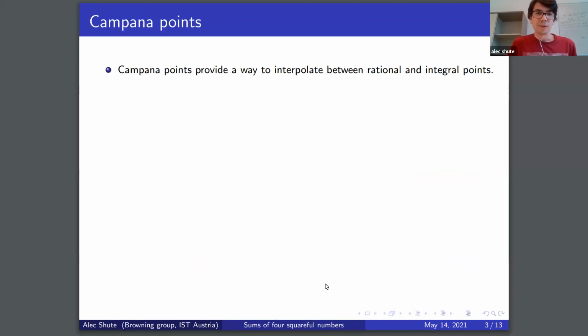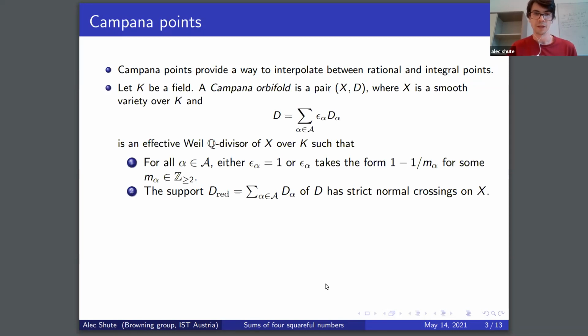All right, so one geometric motivation for considering this counting problem comes from Campana points. The slogan here is that Campana points provide a way to interpolate between rational and integral points. So we let k be a field.